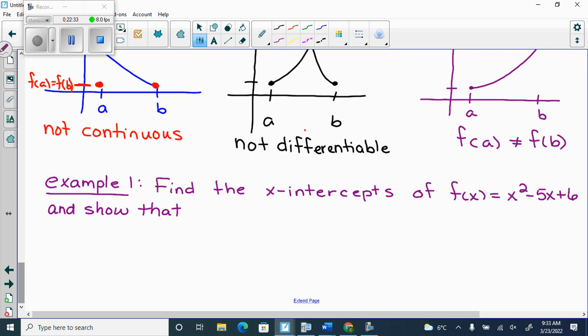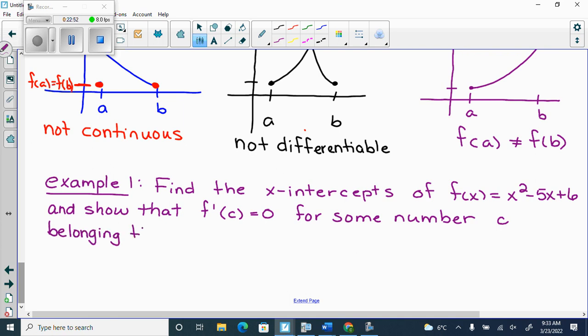And show that f prime of c equals 0 for some number c belonging to the interval formed by the 2 x-intercepts.